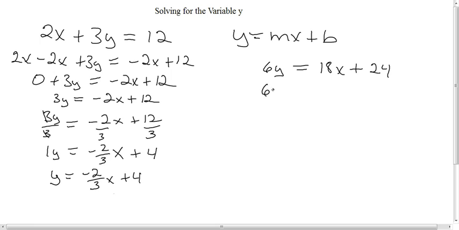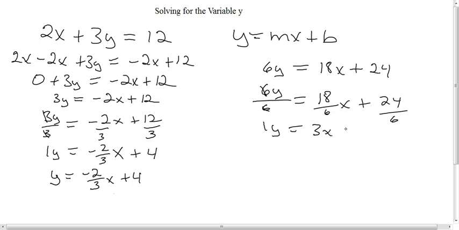So I'm going to rewrite it: 6y divided by 6 is equal to 18 divided by 6x plus 24 divided by 6, every single term. So 6 goes into 6 one time. Bring down your y, and that's going to equal 3x plus 4. So let's rewrite it: y, because we don't need the 1, is equal to 3x plus 4.